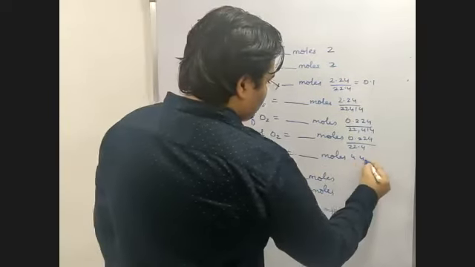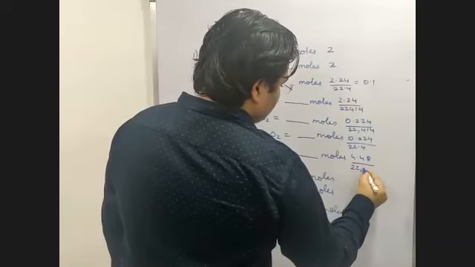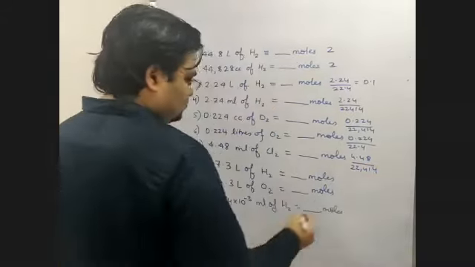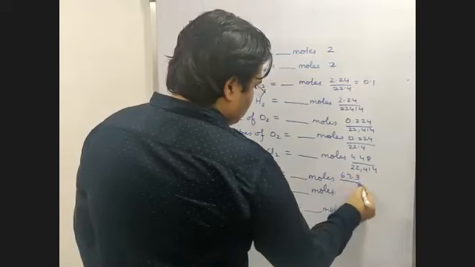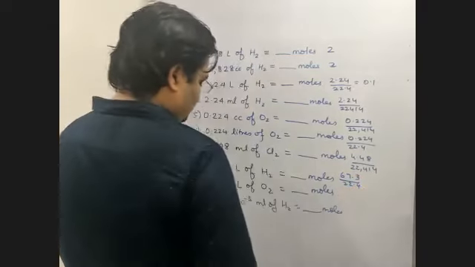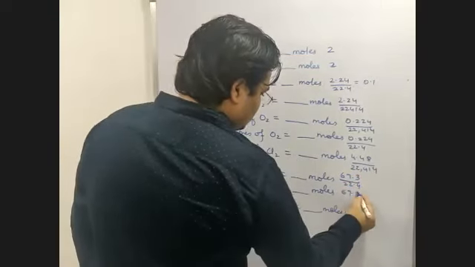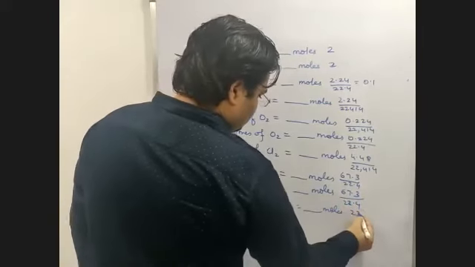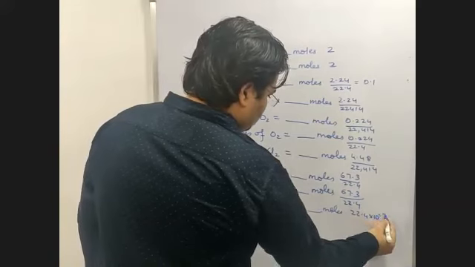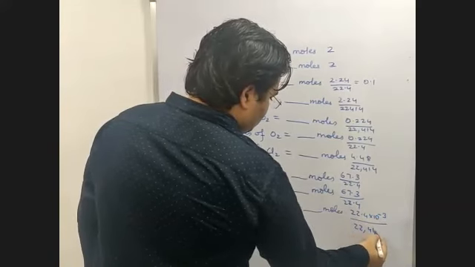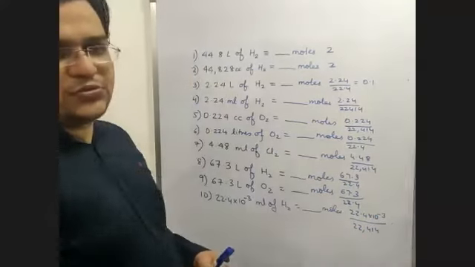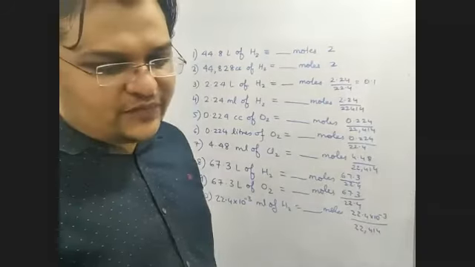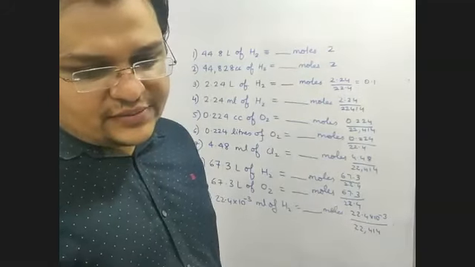Seventh one is 4.48 upon 22,414. Eighth one is 67.3 upon 22.414. Ninth one is 67.3 upon 22.414. And 10th one is 22.4 into 10 raised to minus 3 upon 22,414. You can simplify all of them very easily. The numbers are really nice to simplify.